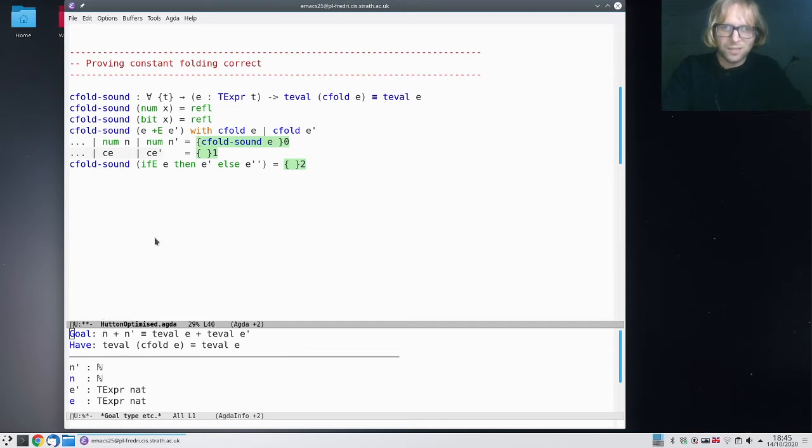Right, so the thing to do is to put these recursive calls here up into the with as well, so that the connection between this e and this e is not forgotten. So I do that, and then I add two more things down here, p and q.